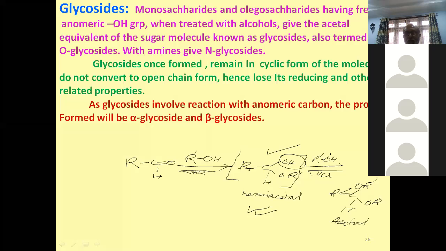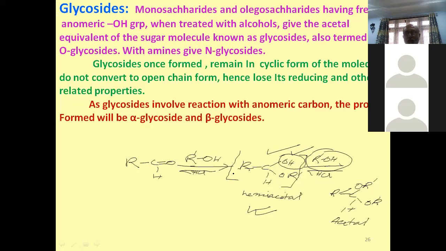Now if that hemiacetal reacts further with another alcohol, an external source, it will react with this anomeric OH group and this alcohol, not with the other OH groups, because our molecule is already in hemiacetal form. So any alcohol reacts with this, and we get an acetal.